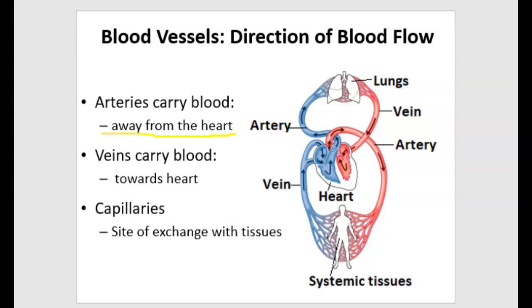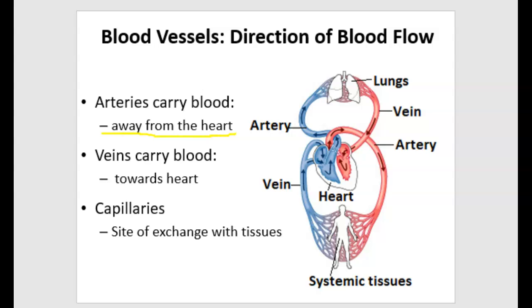We call that the systemic branch or the systemic circulation. So these tissues of the body will receive nutrients and oxygen from the blood as those diffuse out of the capillaries and into the interstitial space of the tissues. At the same time, the tissues produce wastes and carbon dioxide, and those materials will diffuse into the blood.